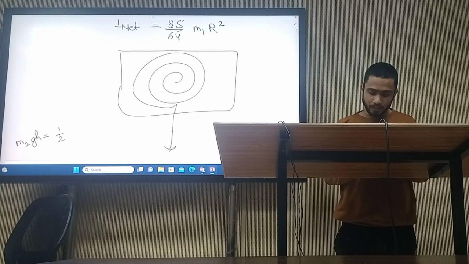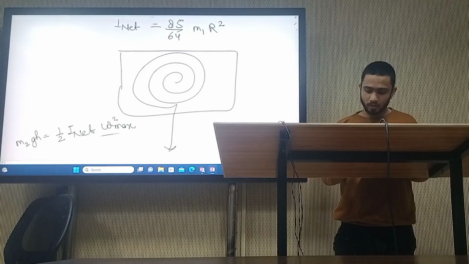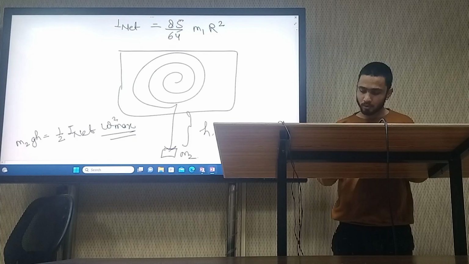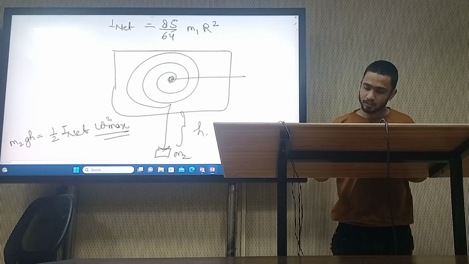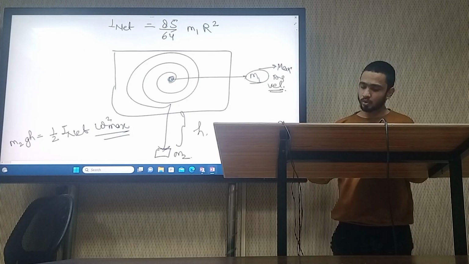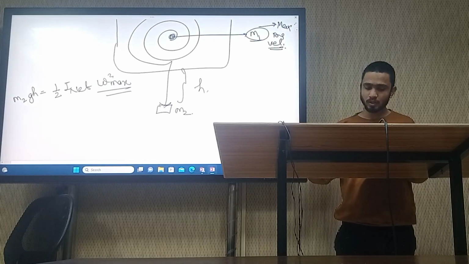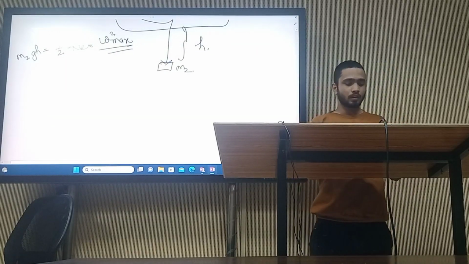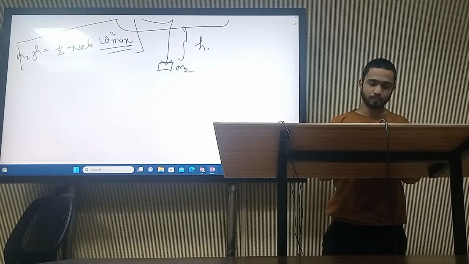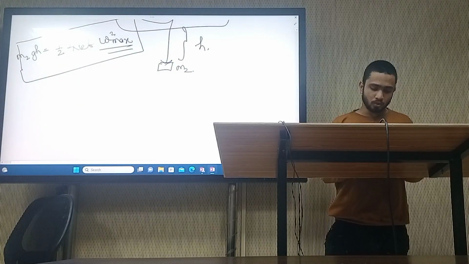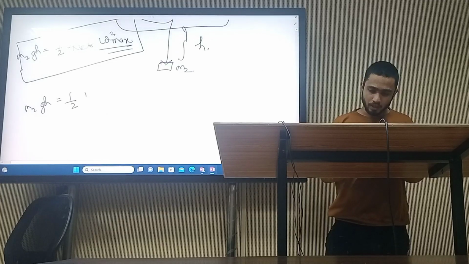Let's make the diagram one more time to analyze the situation. m2gh is equal to half into I net into omega max square. This is the height h which mass m2 has come down, and now m1 is here with maximum angular velocity.